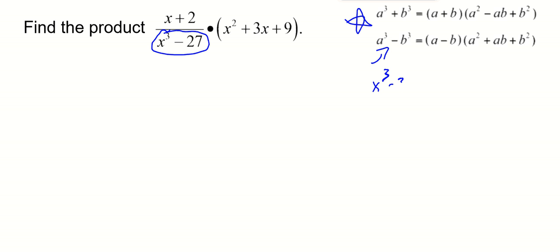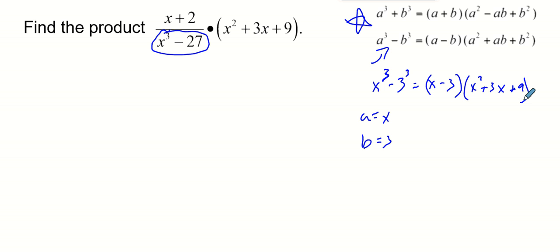So our b here is 3. So now as I replace this, I'm going to get x minus 3, x squared, a times b, so that's just plus 3x. Remember, a is equal to x in this scenario, and b is equal to 3. And then b squared is 9, so we get plus 9.